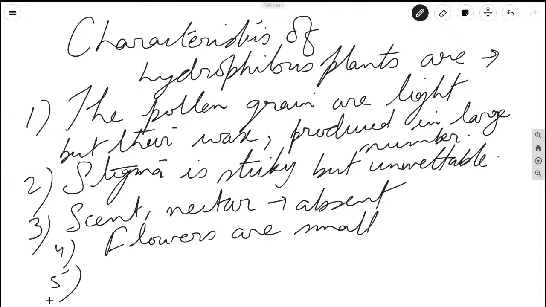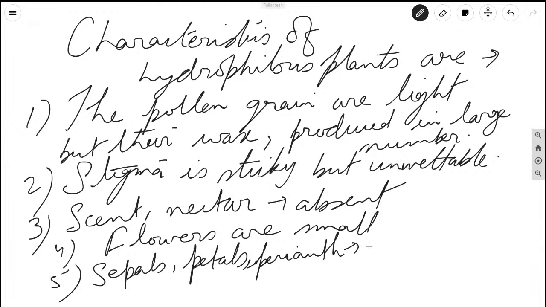Then the sepals, petals or perianth, if they are present, are unwettable. Why? Because they contain a waxy coating.